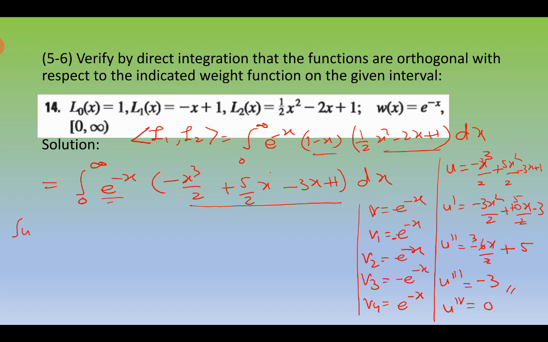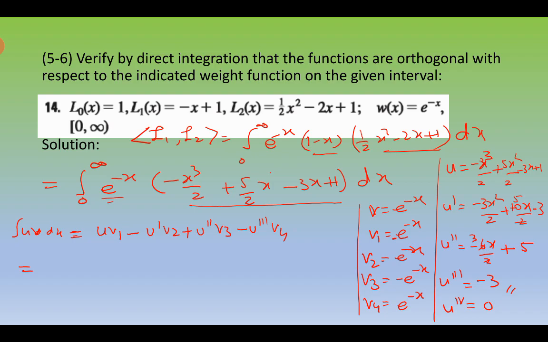Integral u v dx, another version of integration by parts. So this is u v1 minus u prime v2 plus u double prime v3, minus u triple prime v4. The fourth derivative of u is 0, so only 4 terms.